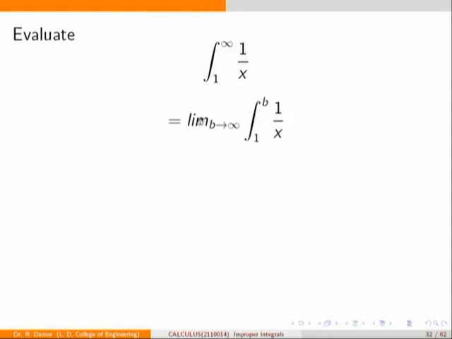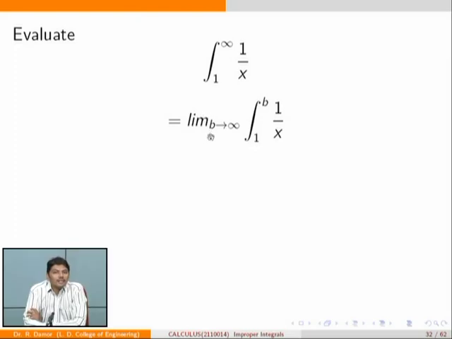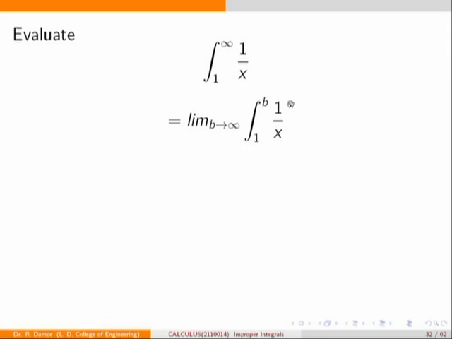So I can rewrite this as limit b tends to infinity, 1 to b of 1 upon x dx. Now we know the integration of 1 upon x goes to log mod x, with limits 1 to b. Say this: limit b tends to infinity ln mod x from 1 to b.